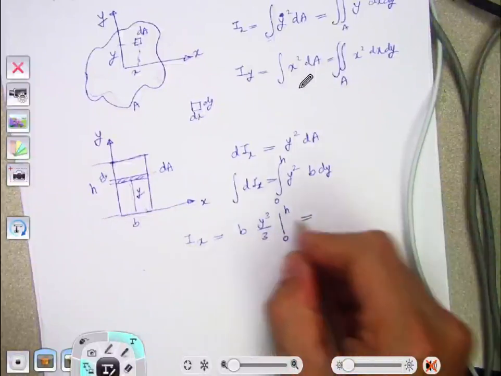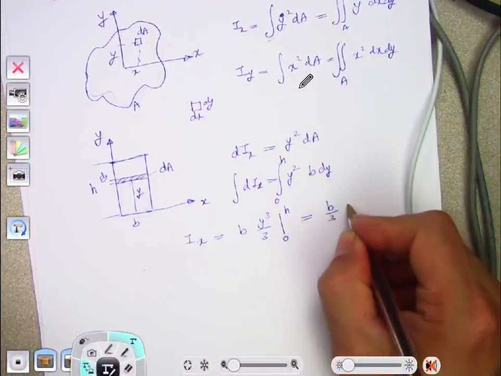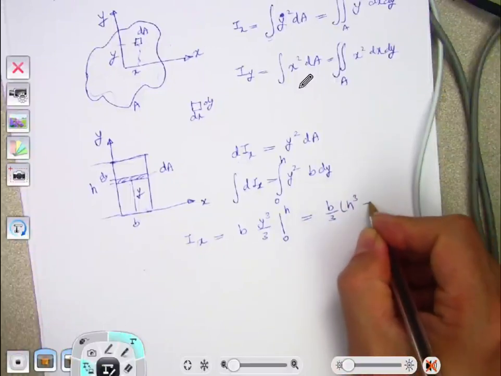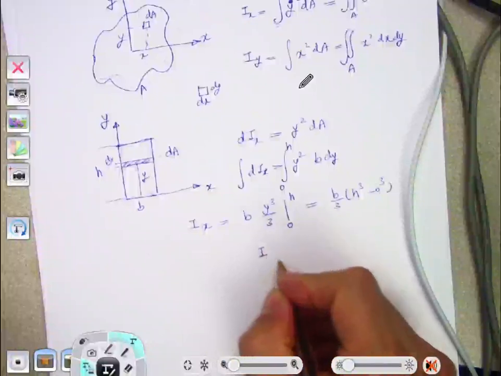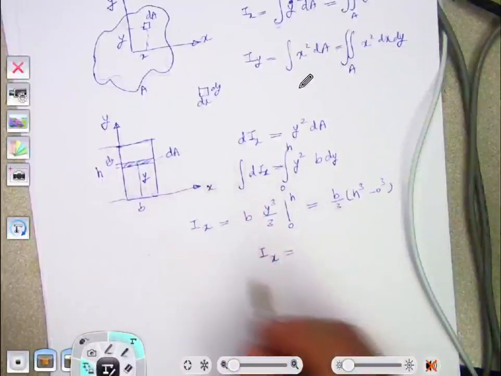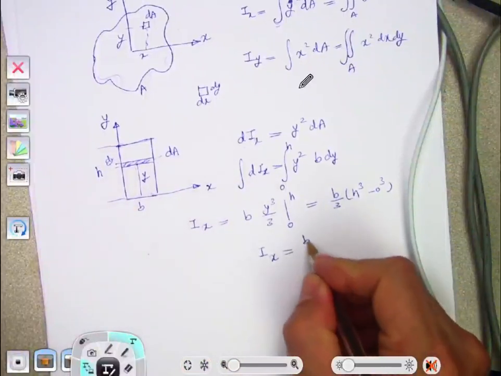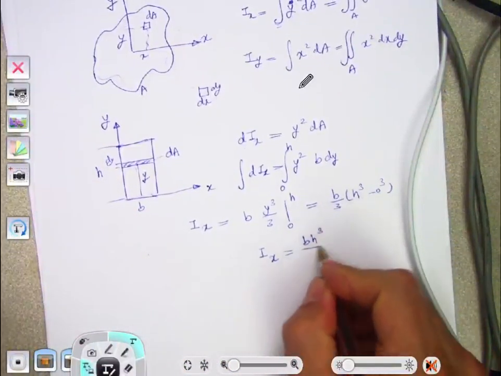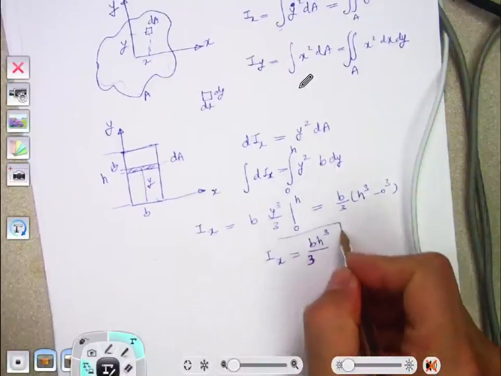If you put in the values, I find b divided by 3 times h cubed minus 0 cubed. So this is what we found: the moment of inertia of a rectangle about the x-axis passing through its base is b h cubed divided by 3.